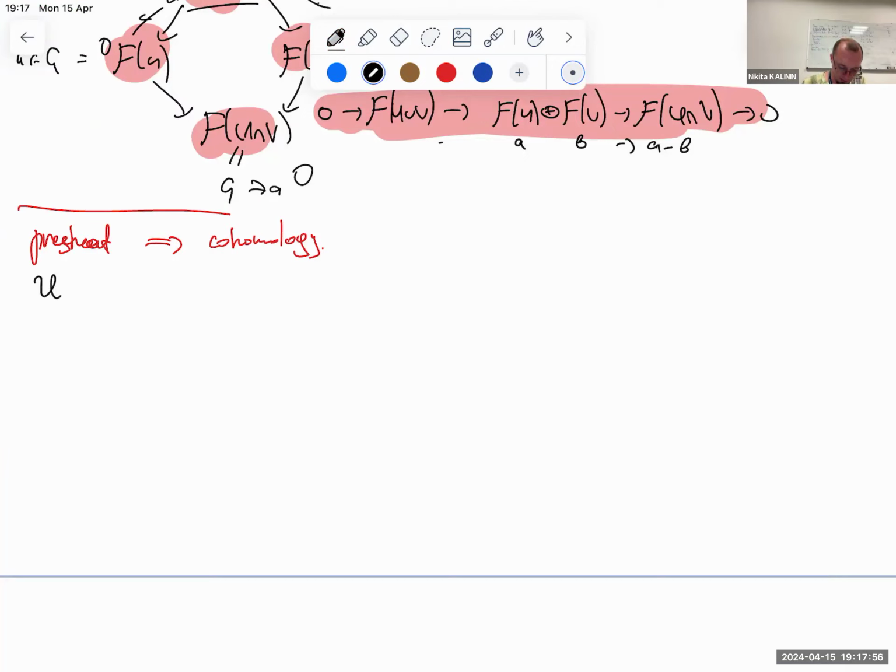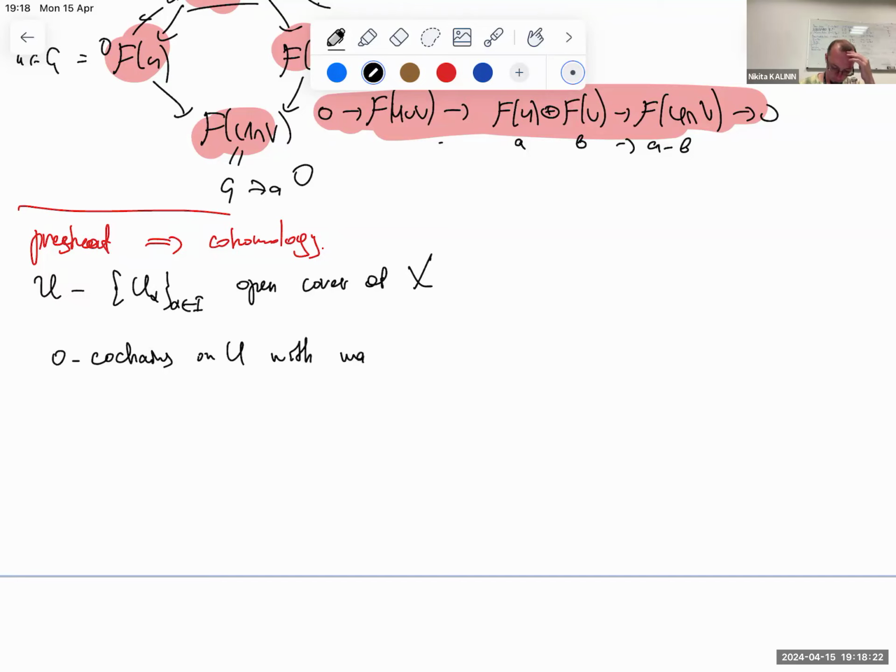Say we have U, an open covering U alpha of X. Then define zero cochains on U with values in a pre-sheaf F as follows: take the functions which assign to every open set an element of the corresponding group. So they are functions.